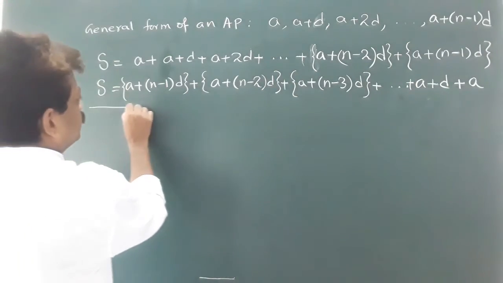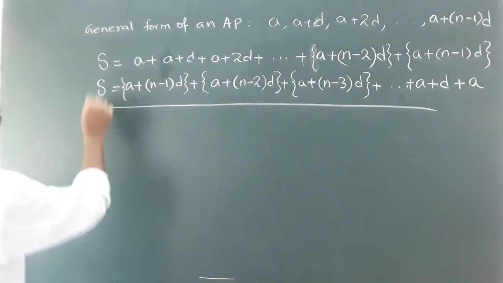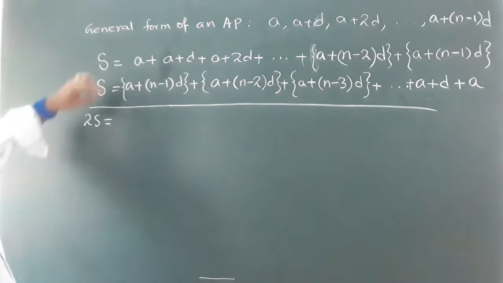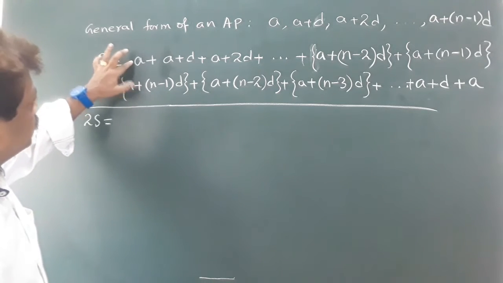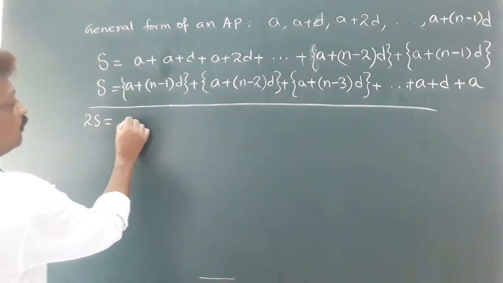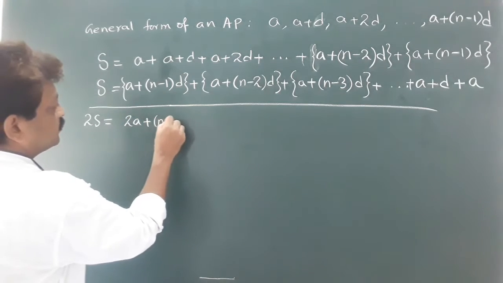So if both the APs are added, if both these equations are added, then S plus S will be 2S. Now this will be added to this one. So a plus a plus n minus 1 d will become 2a plus n minus 1 d.